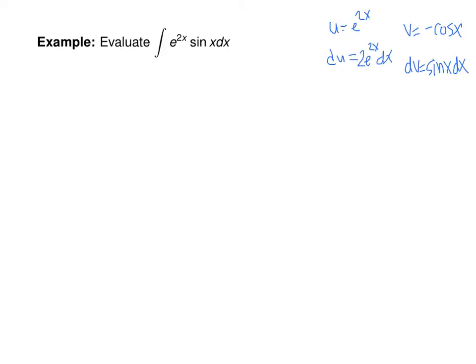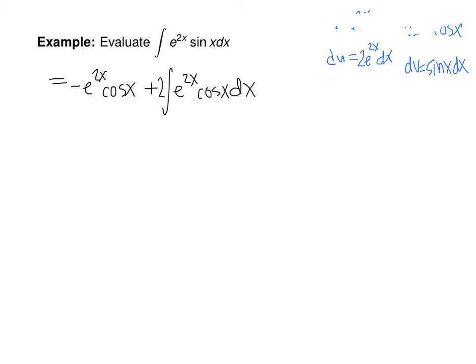So the integral of e to the 2x sine x dx is equal to uv, so negative e to the 2x cosine x minus v du, so because v is negative, actually it becomes plus 2e to the 2x cosine x dx. And then we're going to do it again.